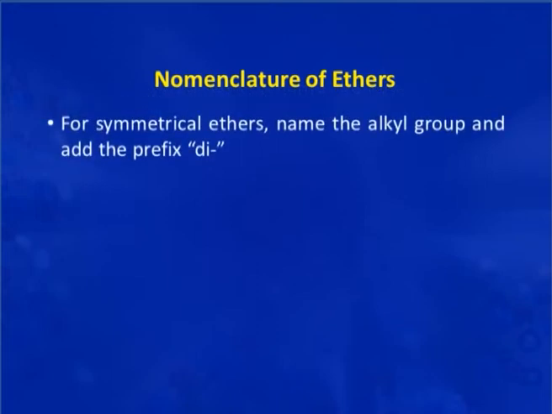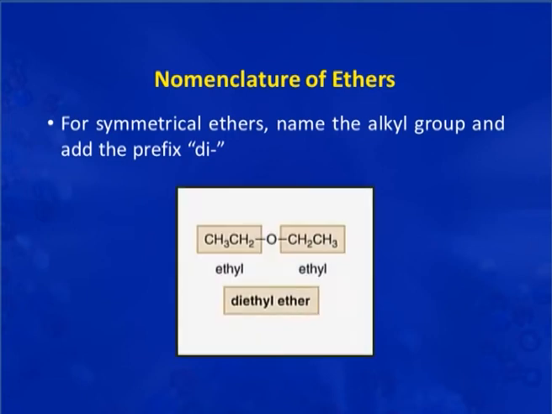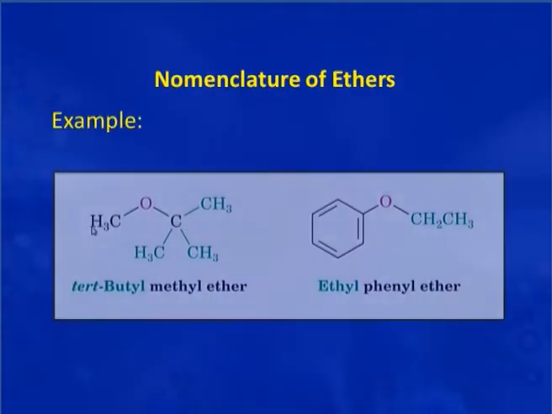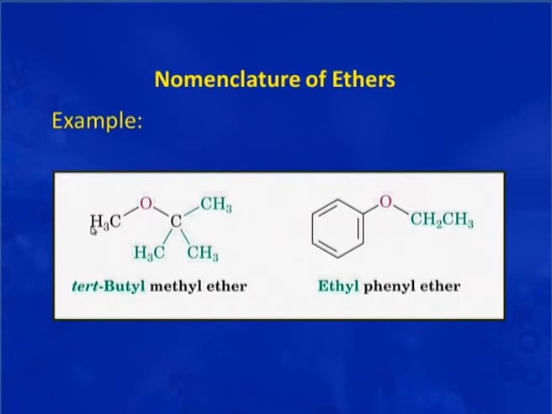In case of symmetrical ethers, the two alkyl groups are the same, and that is why instead of repeating the alkyl group, we will not say ethyl ethyl ether; on the contrary, we will put the prefix di before the name of the alkyl group, and that is why the name is diethyl ether. With the help of some more examples, we will discuss the nomenclature of ethers. In the first example, one group is a methyl group and the other group is a tertiary butyl group.